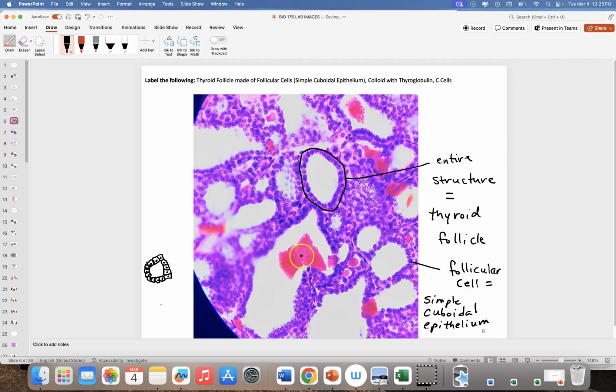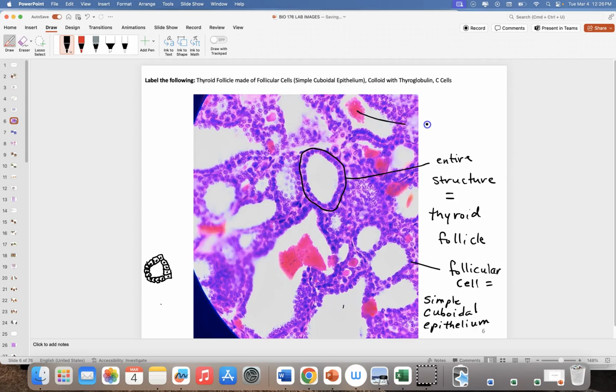We can see that there is a substance inside some of these follicles. All of the follicles would contain this colloid substance, even though in some of them you can't see it.